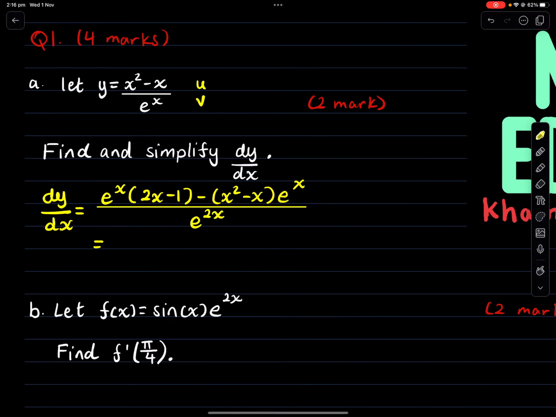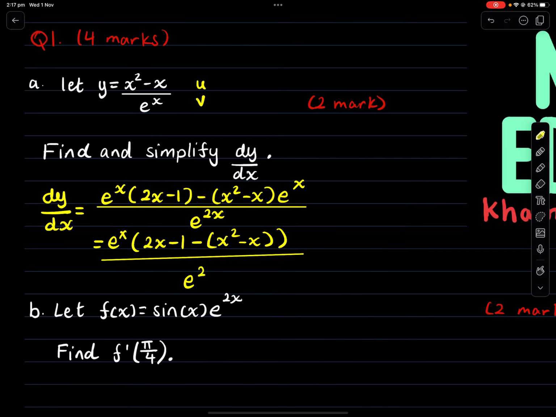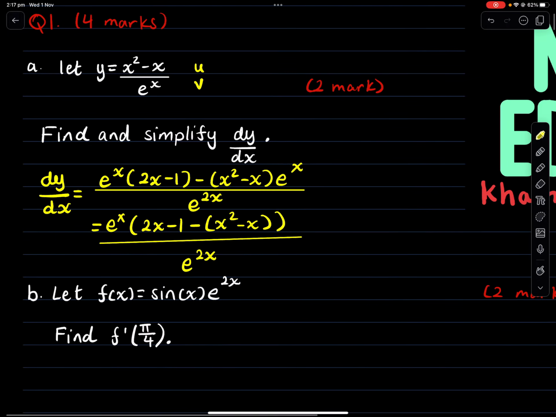So simplifying this, we take the common factor of e^x here, and we get 2x minus 1 minus x squared minus x, all over e^(2x). Can you see how these are divided? So we can actually simplify them to e^x.